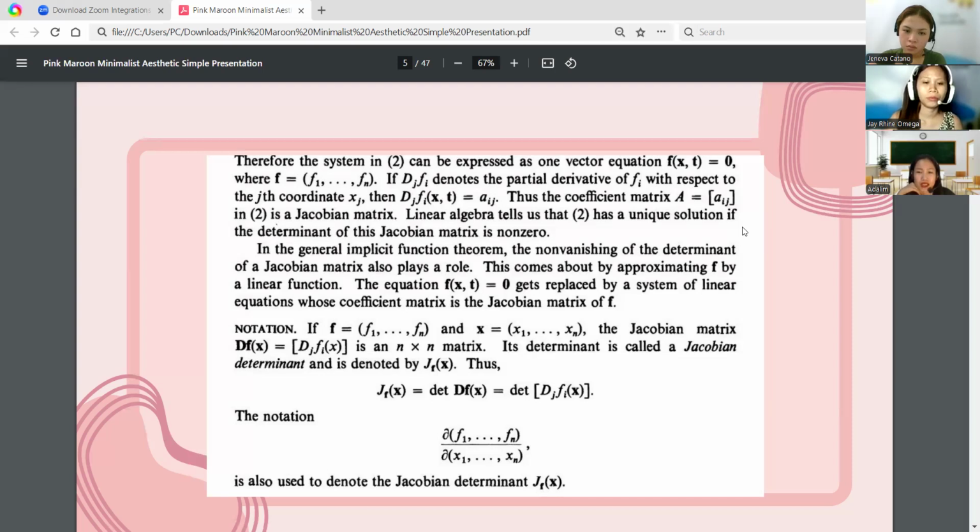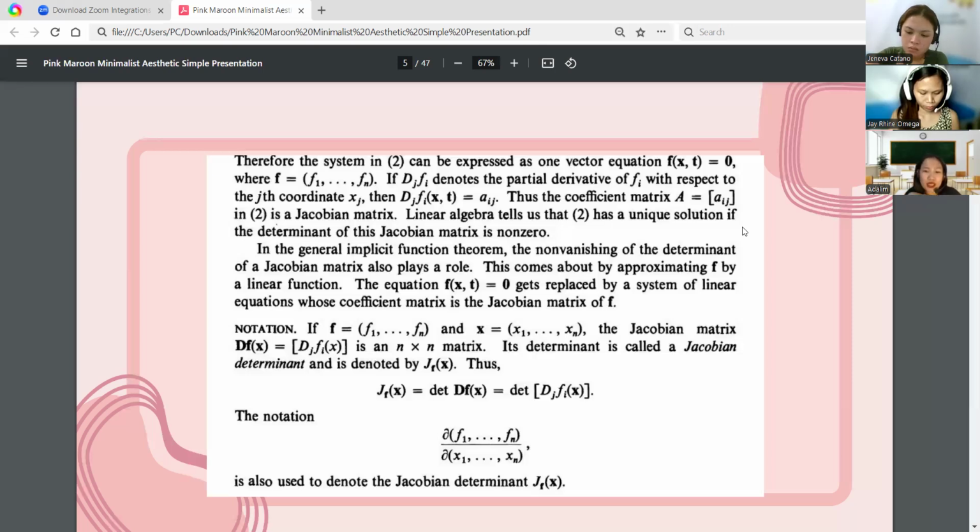Thus, the coefficient matrix A is equal to (a_ij), and it is the Jacobian matrix. Linear algebra tells us that 2 has a unique solution if the determinant of this Jacobian matrix is nonzero.